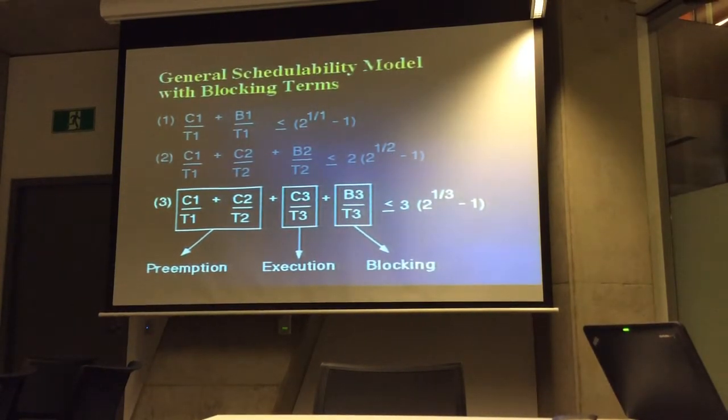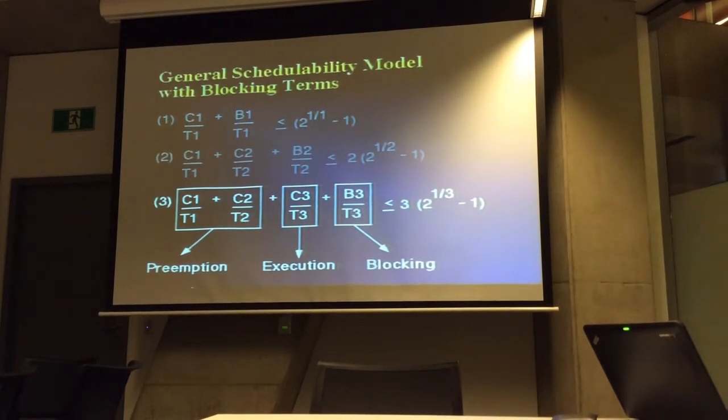Whatever the execution times are for each of the lower priority tasks that are blocking factors, they each have the same denominator, namely the period of the task in question. So the execution times have all been added together and represented as one term over the period length. For example, in the first line, the blocking factors are grouped as B1 over T1. But remember, an inequality is set up to test the schedulability of each task from task 1 to task n.